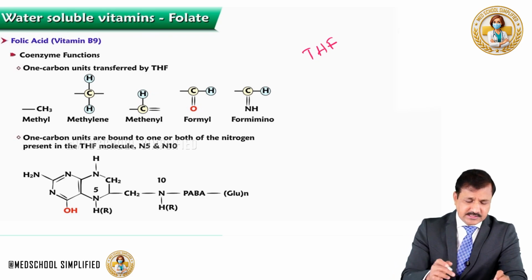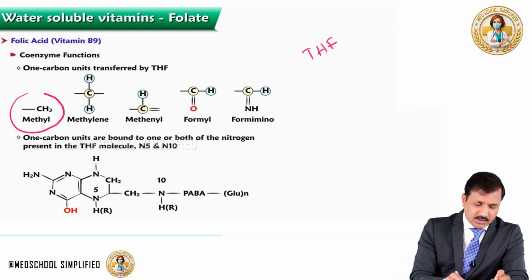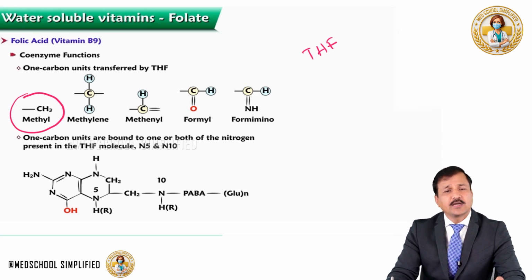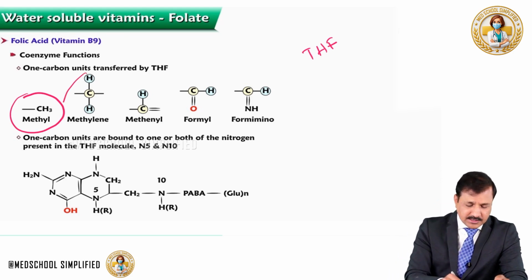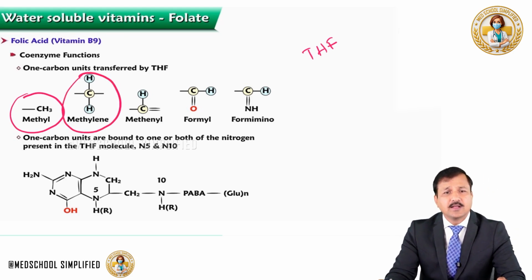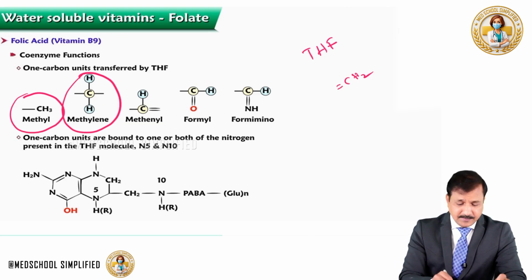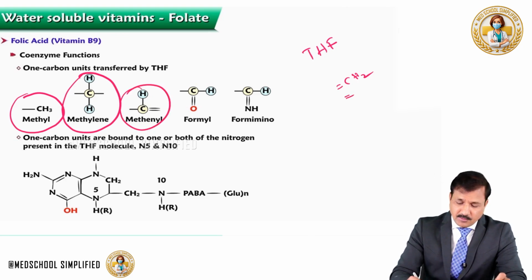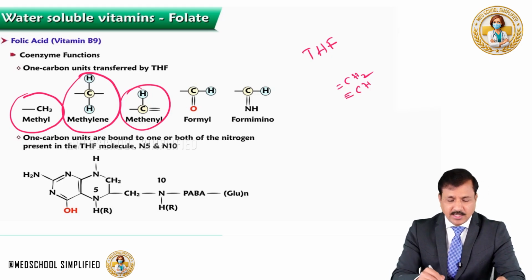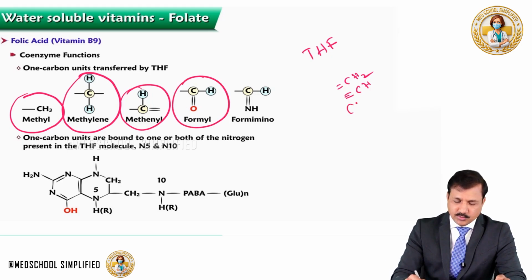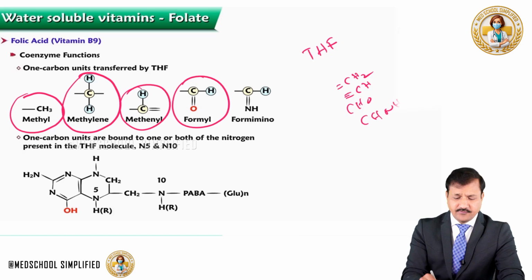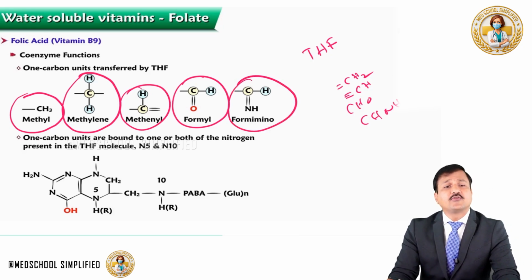Those 1 carbon units can be a methyl group, that is CH3, or a methylene group, which is CH2, or a methenyl group, which is CH, or a formyl group, that is CHO, or CHNH, that is formimino. So these are different forms of tetrahydrofolate derivatives.